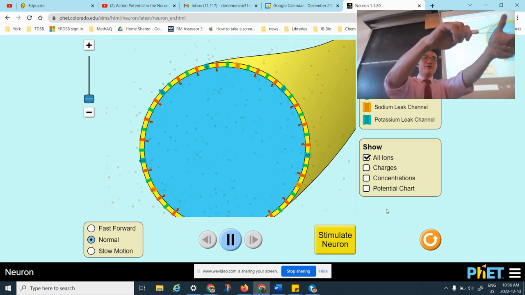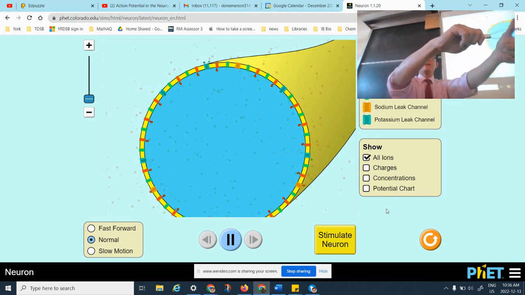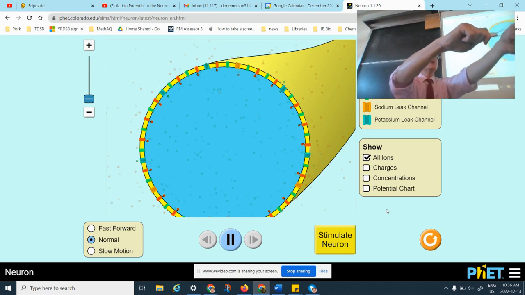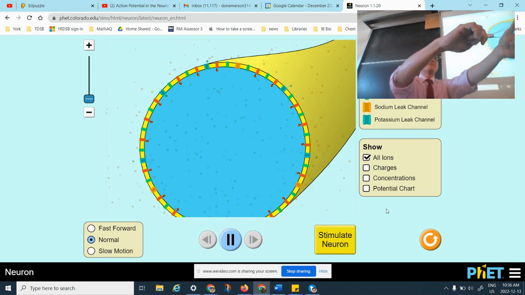So the tension is very much like that resting potential that we were talking about in the video. That resting potential of how many millivolts? For those of you who watched the video, help us out. Negative 70 millivolts. Okay. So minus 70 millivolts.